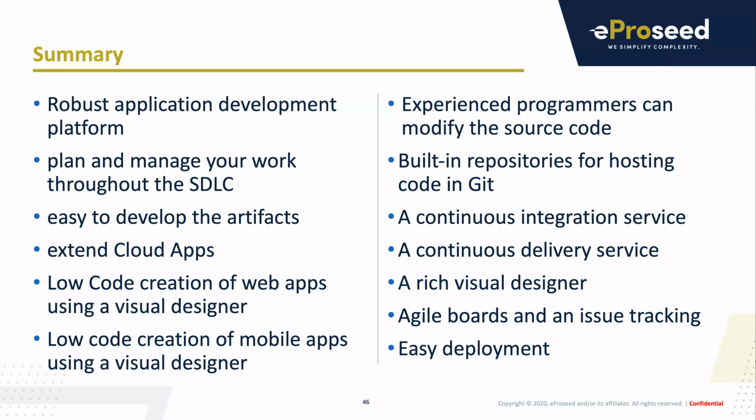Then there's the continuous integration service. As I said, whenever a change is pushed to Git, the build job is kicked off and the application is deployed. Continuous delivery can be very interesting if you use Docker. You can configure all of that, provision and refresh your Docker images. Visual Designer, the Agile boards to allow issue tracking, and again, easy deployment.